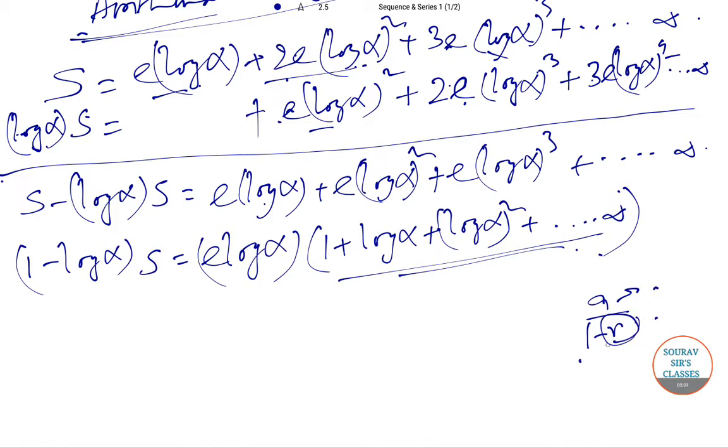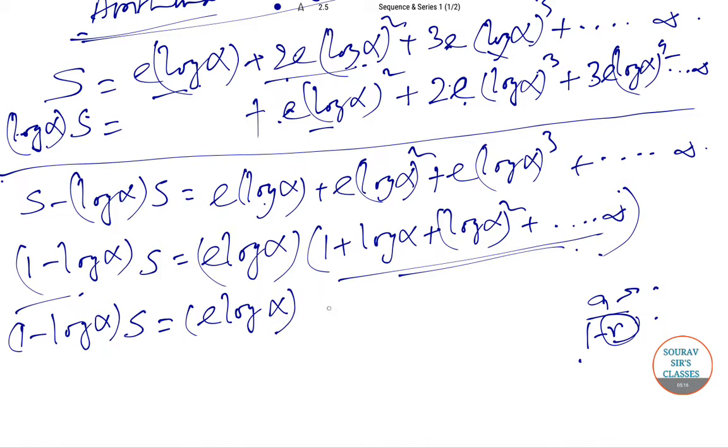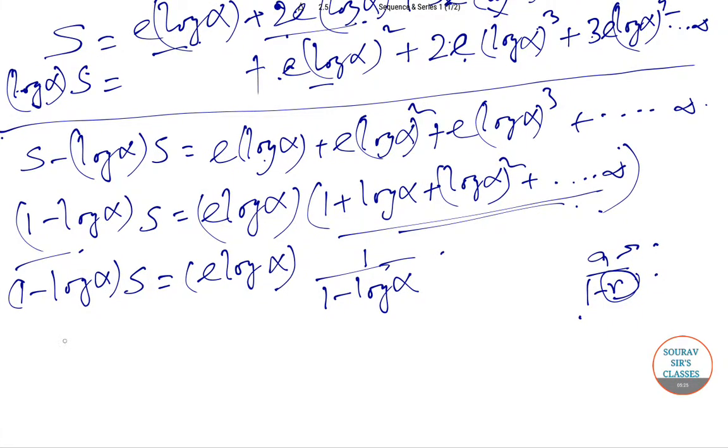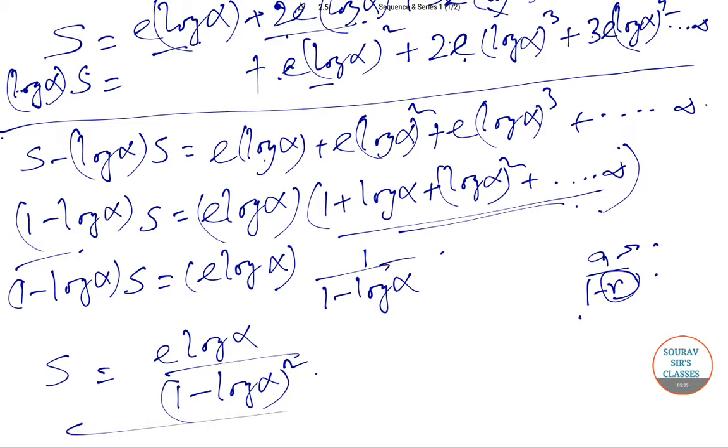So you can write 1 minus log alpha into S equal to e log alpha into 1 by 1 minus log alpha. So S equals e log alpha by 1 minus log alpha whole square. So the sum is e log alpha by 1 minus log alpha whole square.